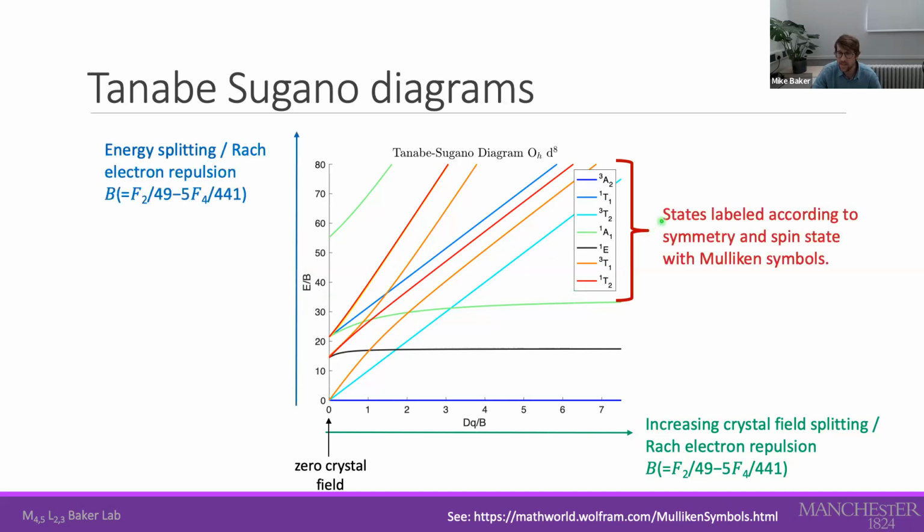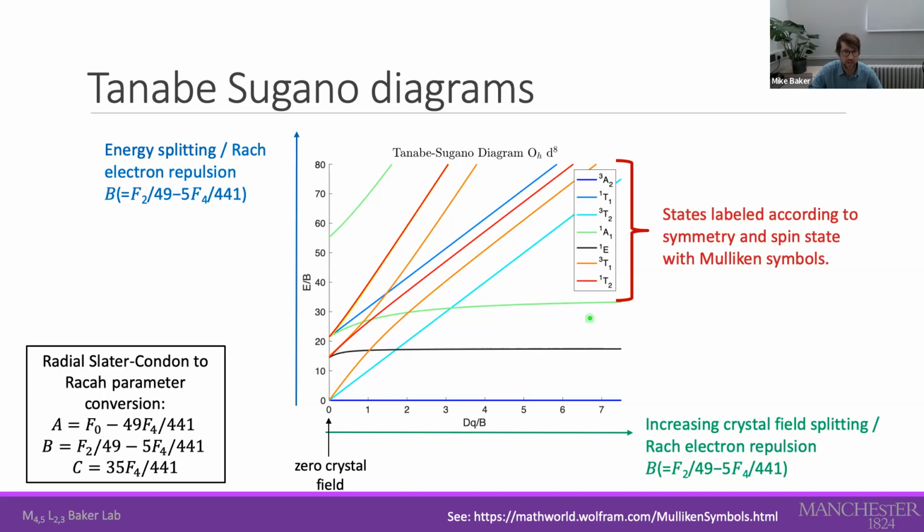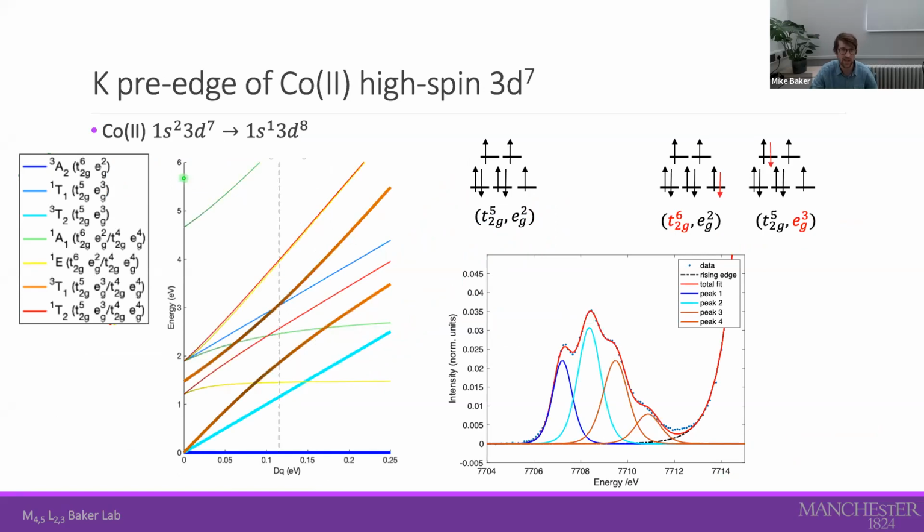The states are then labeled in accordance with their symmetry using Mulliken symbols. If we want to use this diagram to understand our K pre-edge spectrum, it would be better to plot something like this. Show the energy in electron volts, have Dq along the x-axis, and calculate this diagram for a particular beta, a particular scaling of the Slater integrals based on Hartree-Fock theory.